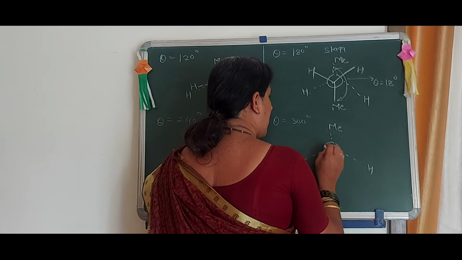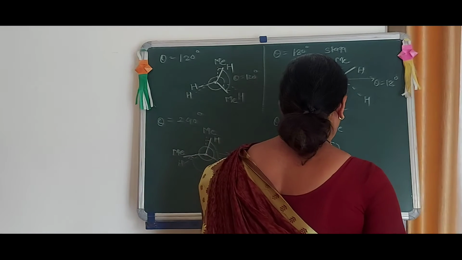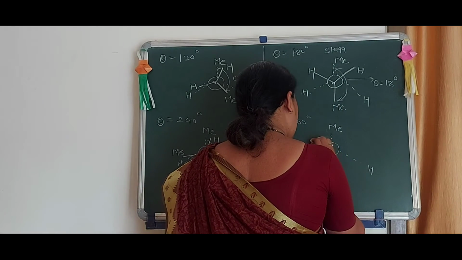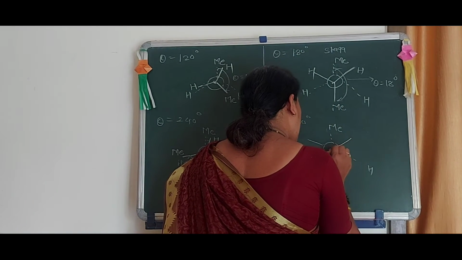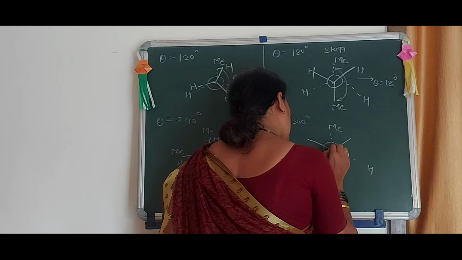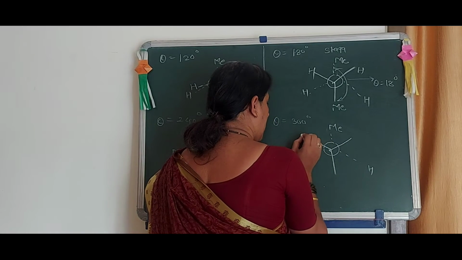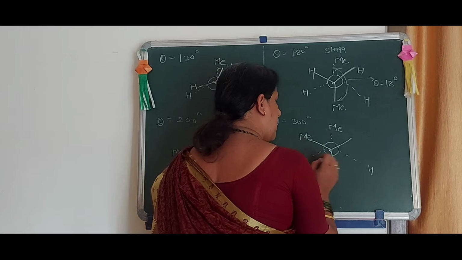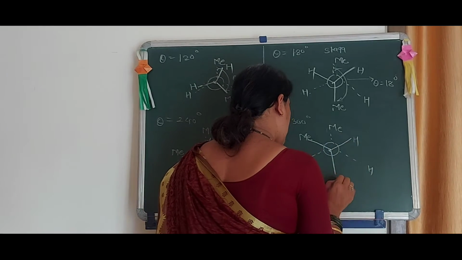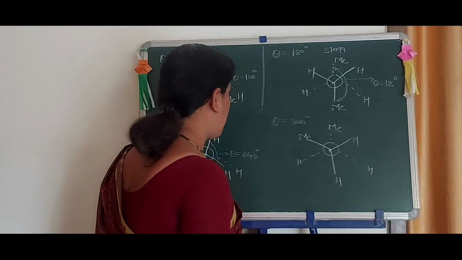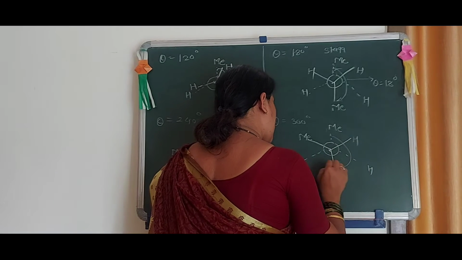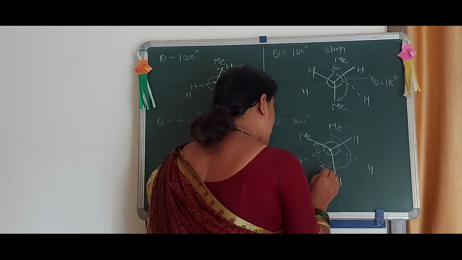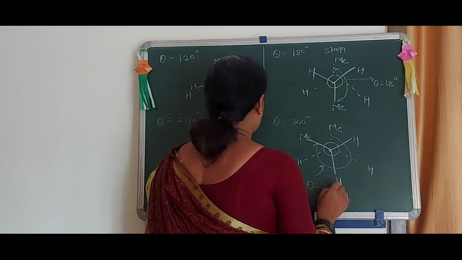Now here the Me group. Okay. Here H and here H. Okay. Now this angle is theta is equal to 300 degrees.